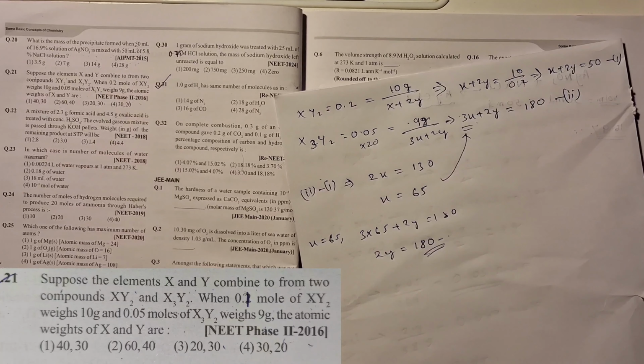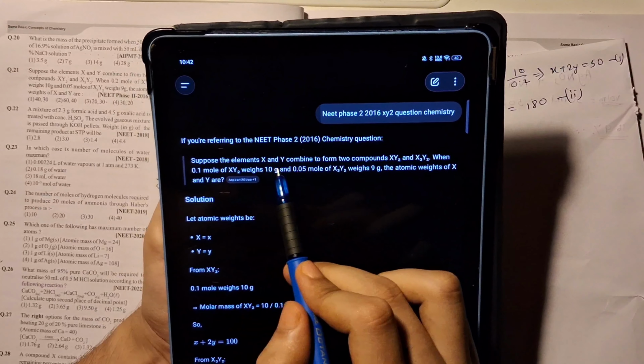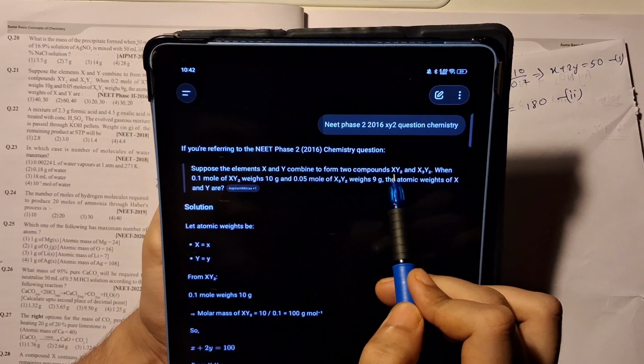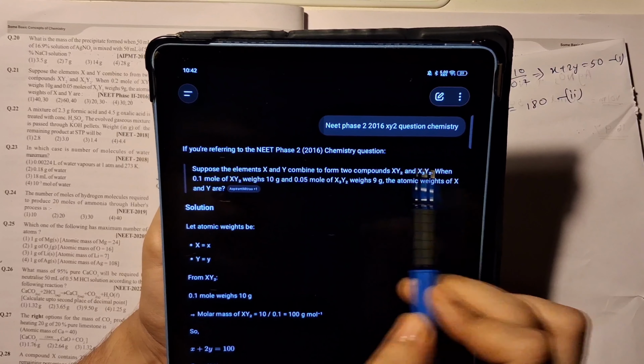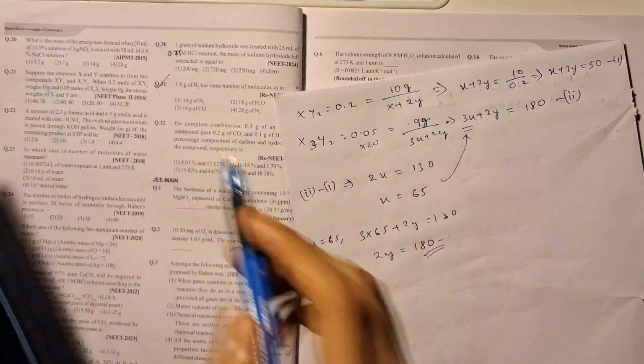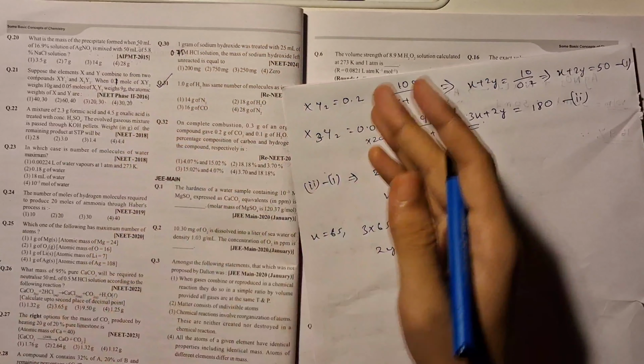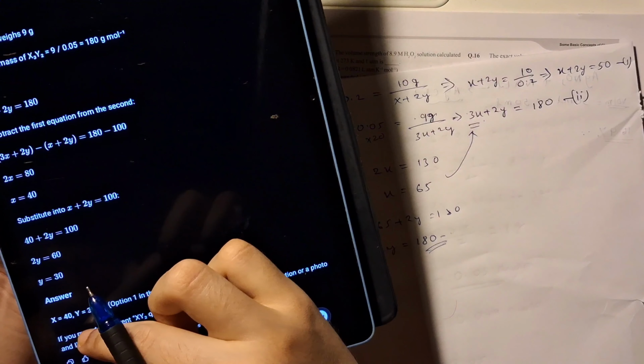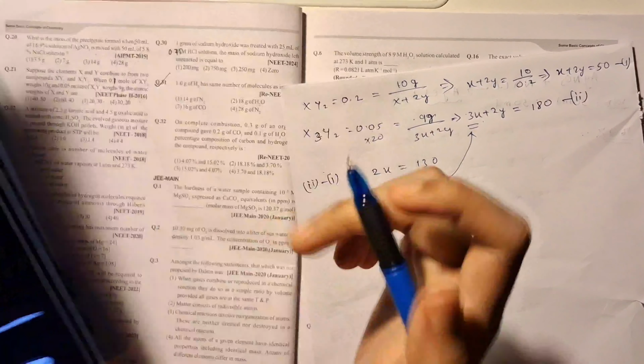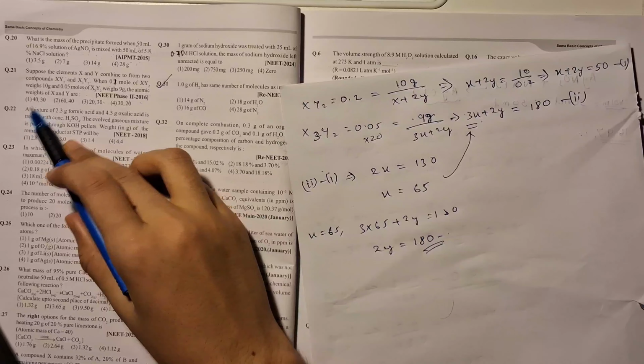Let me check the question. The question is, when 0.1 mole, but here it is 0.2 mole. So here is a question mistake. By this procedure you can solve, and the answer will come x equal to 40 and y equal to 30. So the answer will be option number 1.